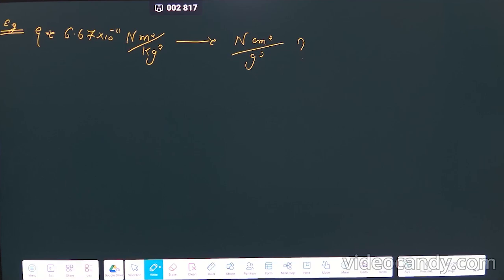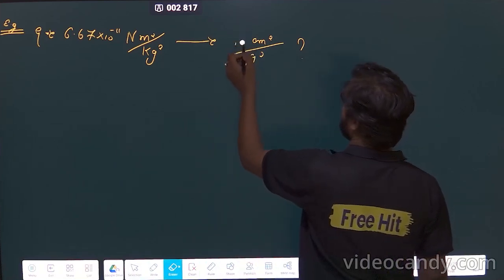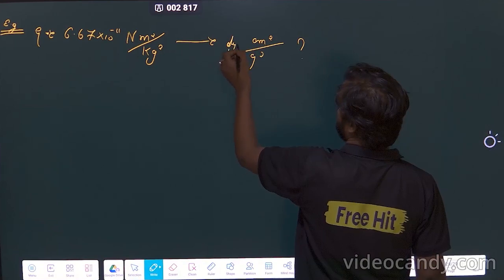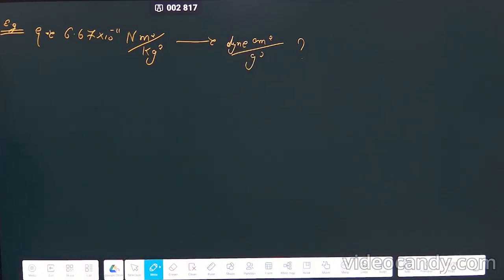Oh, sorry, one mistake is there. This should be dyne. Yeah, now solve it. It's very easy. You simply have to apply the formula N1 U1 is equal to N2 U2 and you can easily solve it.